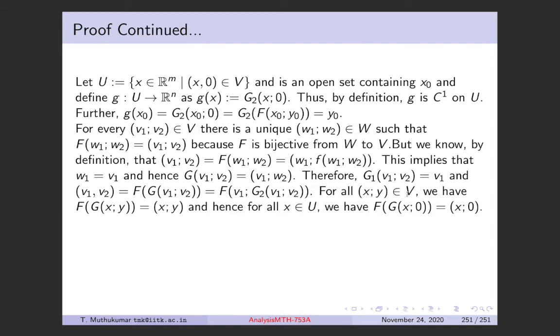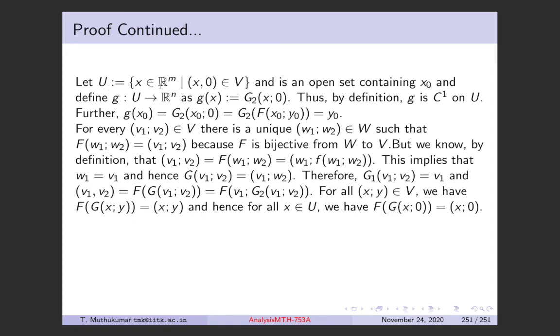Now, whatever we argued here is true for (V1, V2). We already know that F is bijective and invertible from V to W and from W to V. So for all (x, y) in V, F of G of (x, y) is (x, y), because they are inverse to each other, right?